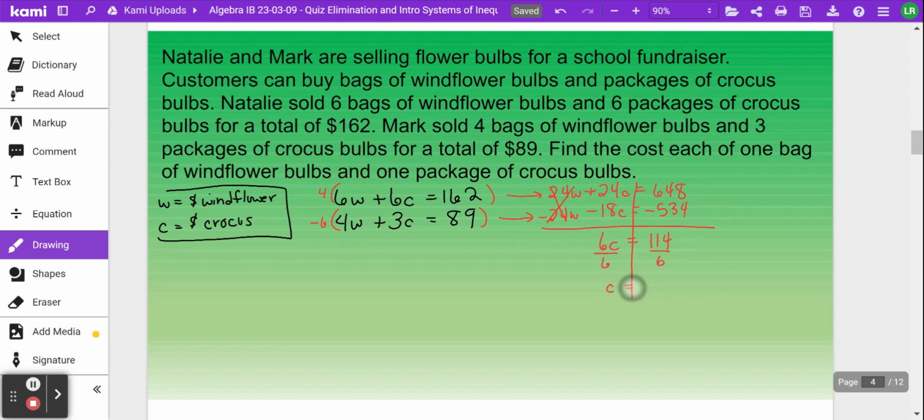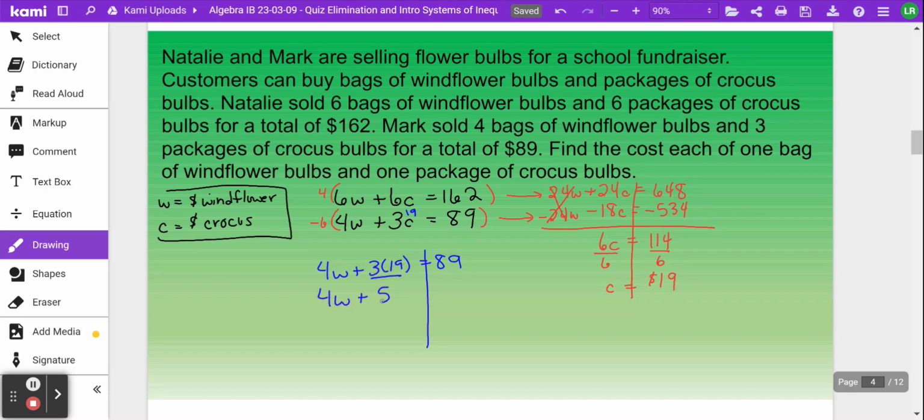And the crocus bulbs are going to cost $19. Plug that back in. I'm going to use the bottom equation because I like the smaller numbers. So I'm going to put my 19 right here. So I have 4W plus 3 times 19 equals 89. Multiply that, clean this up.